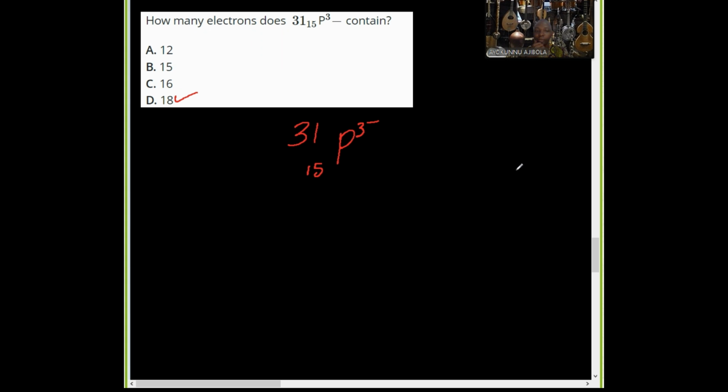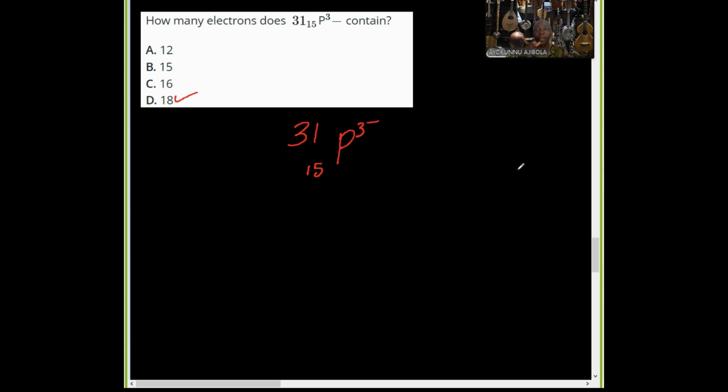Sir, I think the down one, which is 15, is it the proton or nucleus? It can be the same. What are you saying, Moses? Wait, you said proton, neutron. It can be the same.